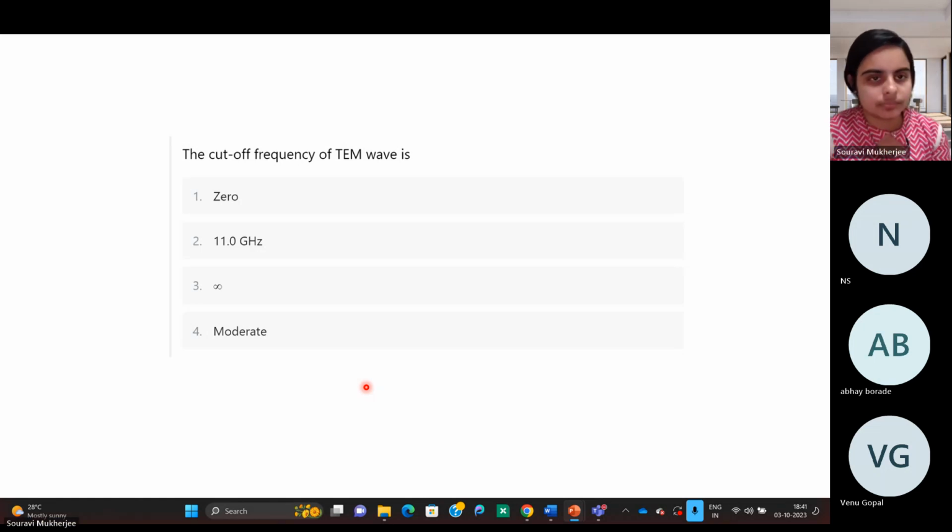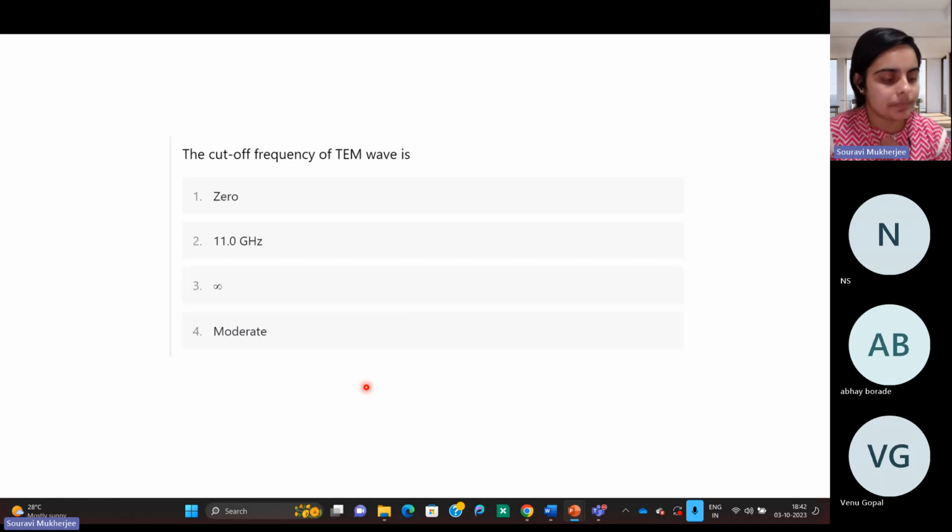Any idea? Think of what you mean by cutoff frequency. Below the cutoff frequency, it gets attenuated. Above the cutoff frequency, it propagates, right? Okay, you say infinite. So the cutoff frequency is infinite.